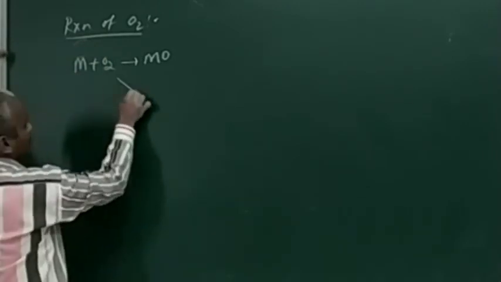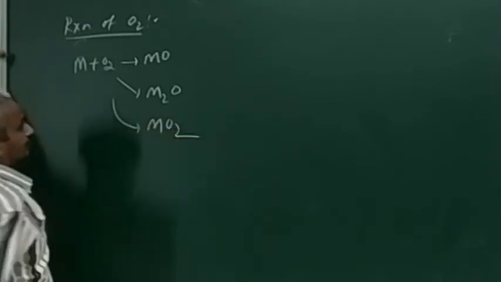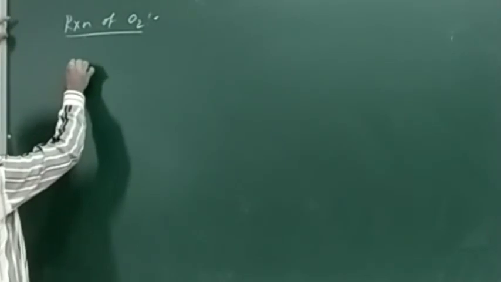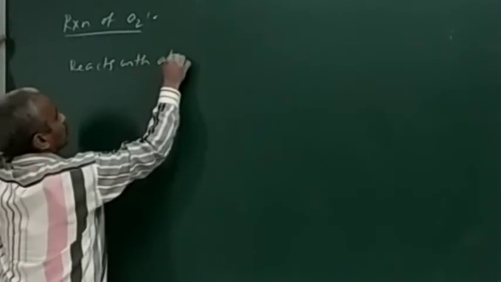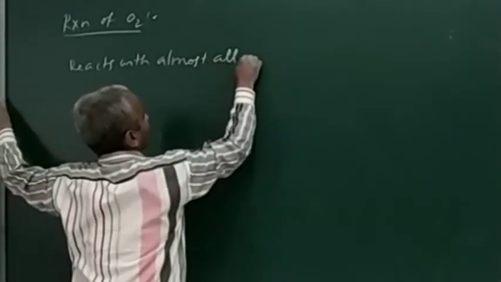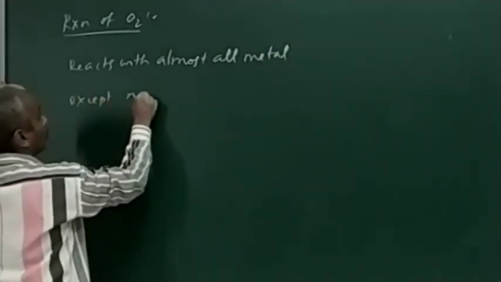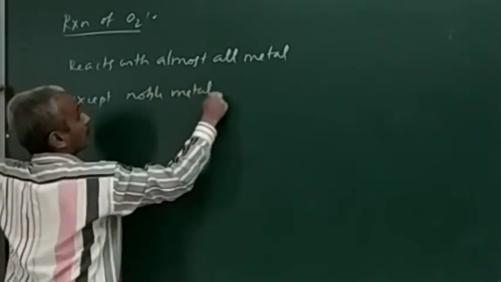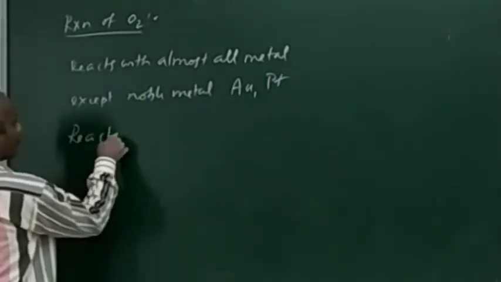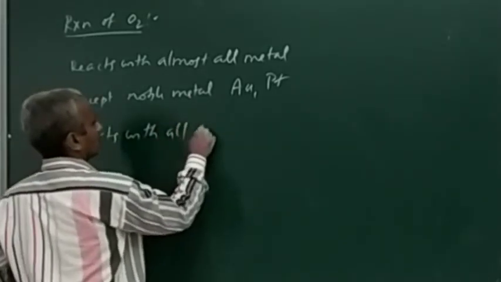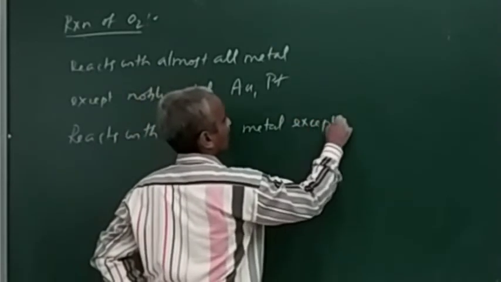Otherwise, it can form M2O, MO2, etc. Oxygen reacts with almost all metals except noble metals like Au and platinum. It reacts with all non-metals except noble gases.